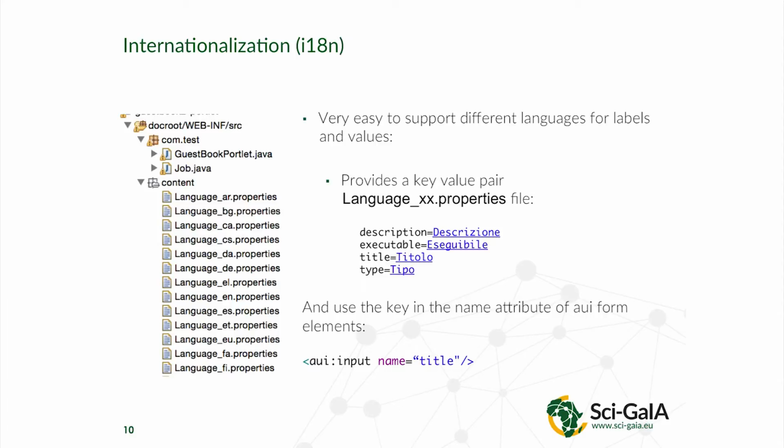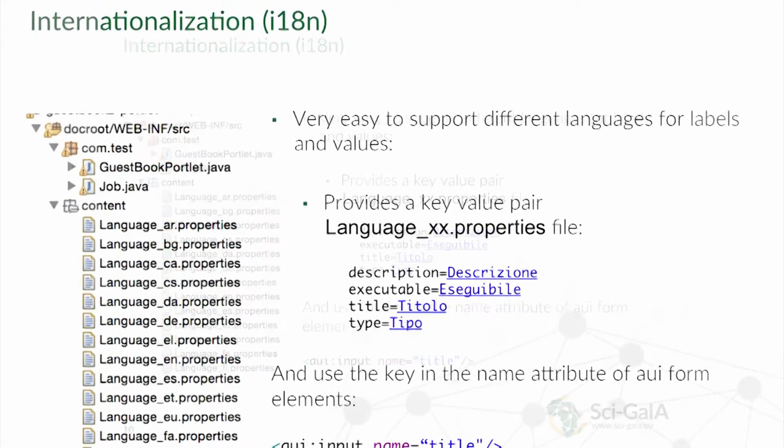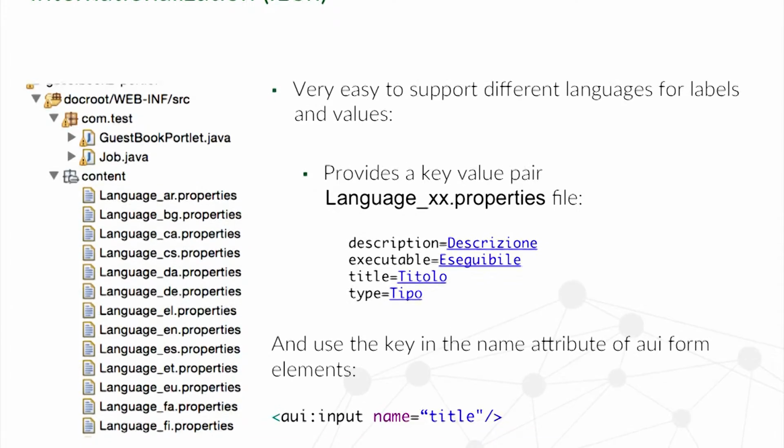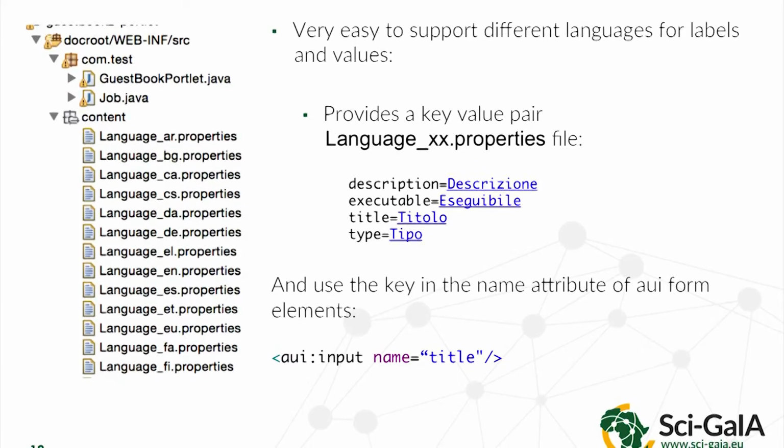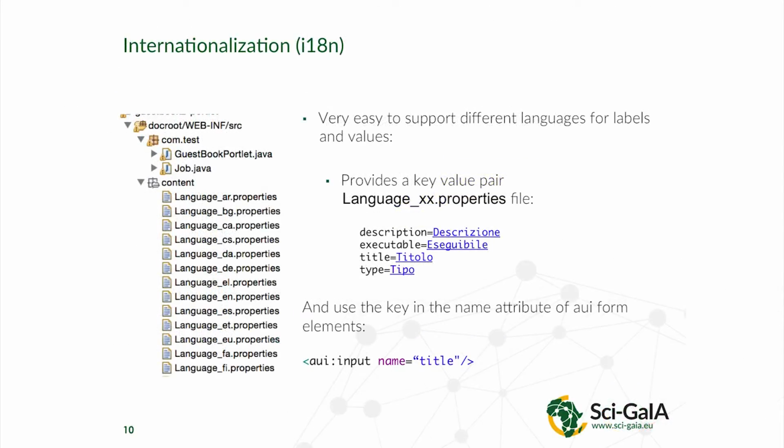Liferay offers a way to handle different languages for your portlet. It's quite easy to implement translation into different languages for labels and values. You just need to create several language_xx.properties files, where each xx is a country code, where you set a list of key value pairs, and you can translate all the values in different languages.